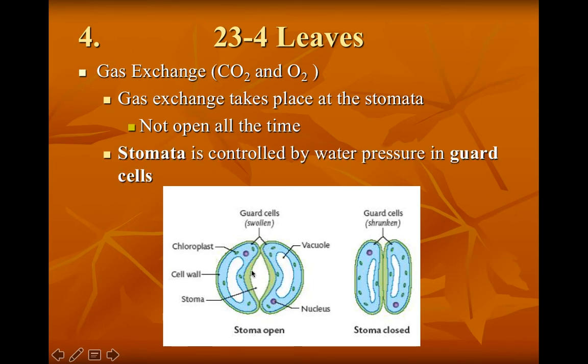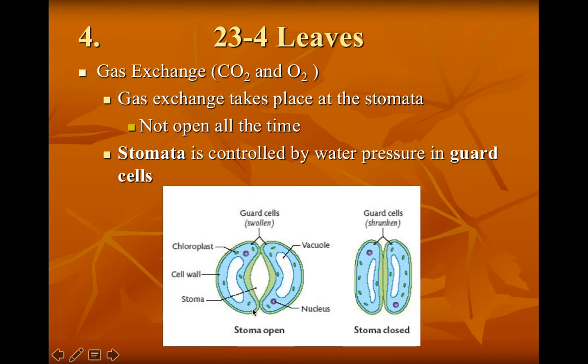Okay, so they don't stay open, and the opening and closing of the stomata is a result of these guard cells. Remember these cells that form the outside entryway into the stoma. Okay, so these cells, actually, water pressure holds them open.